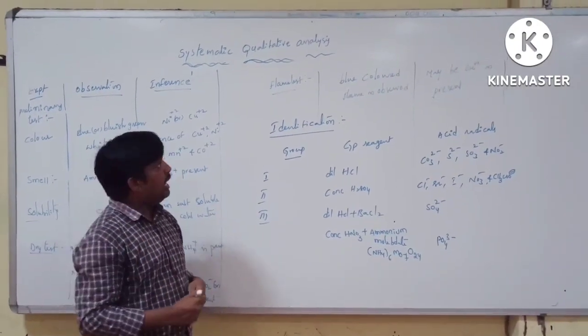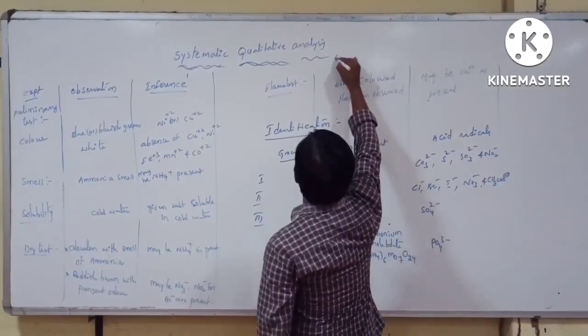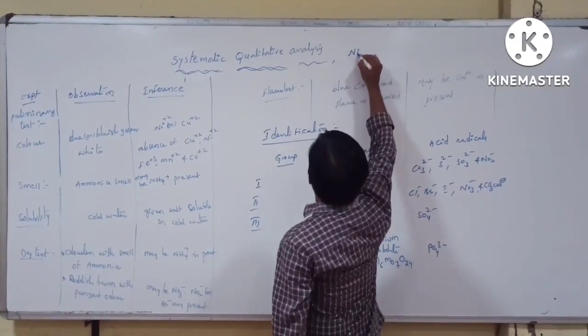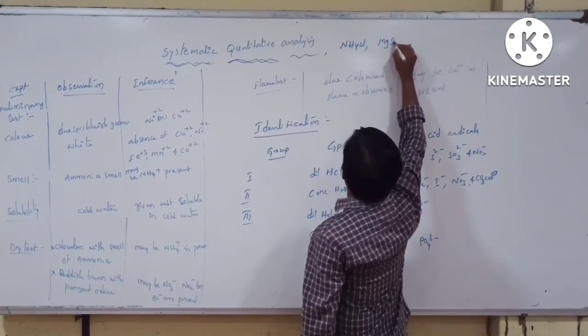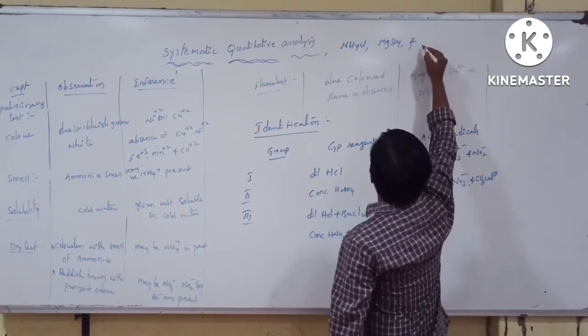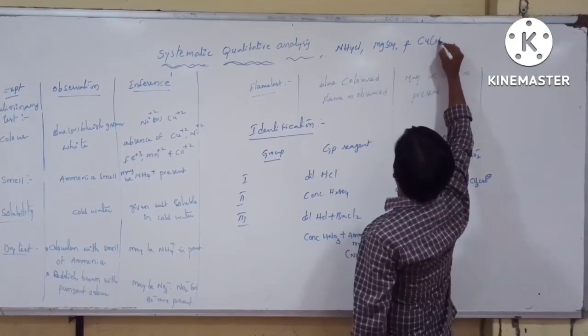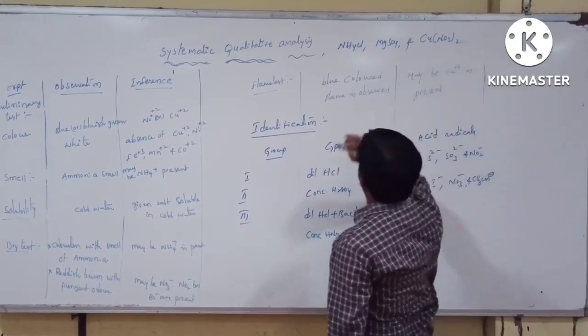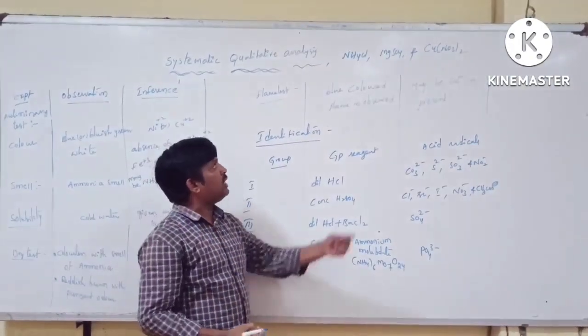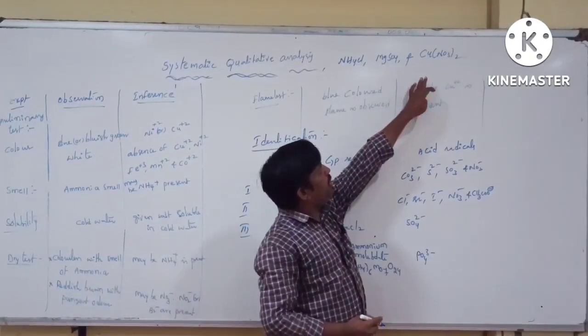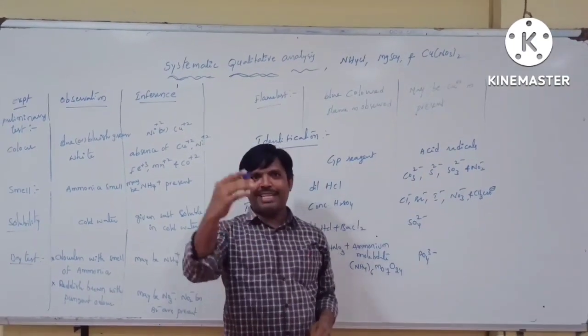We know that we already did 3 experiments in inorganic salt analysis: ammonium chloride NH4Cl, magnesium sulfate MgSO4, and copper nitrate CuNO3, taken twice. These are the 3 salts.